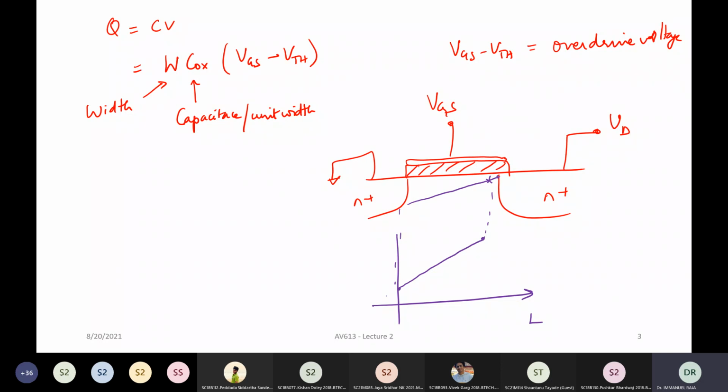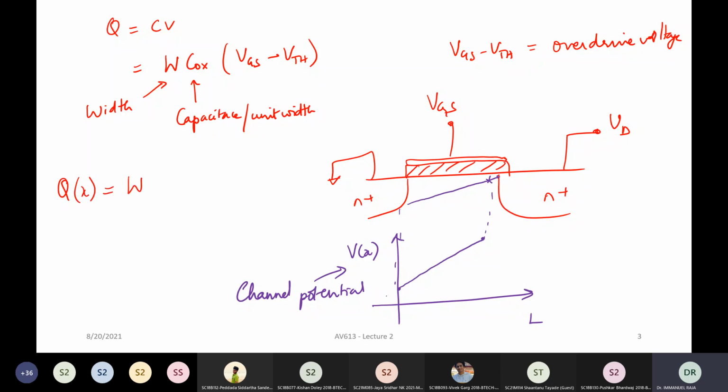Let's call this V(x), where V(x) is the channel potential. This channel potential arises because of two separate potentials on either end of the channel. So now the effective Q equation gets modified: instead of a simple Q, Q becomes a function of x.